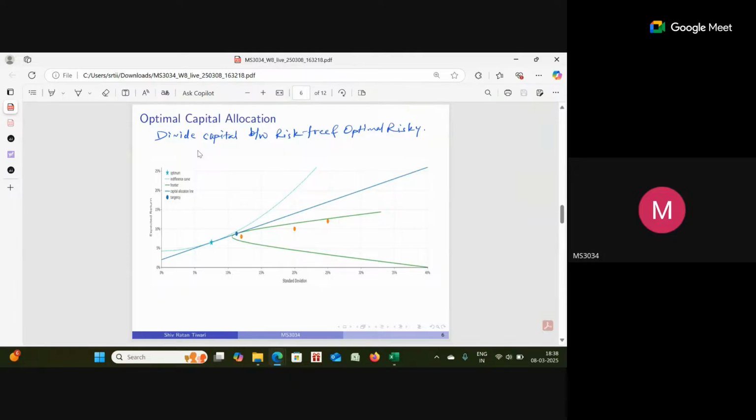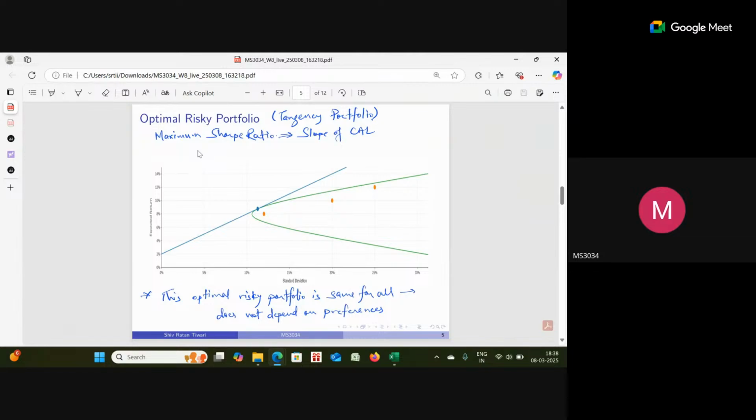Now, from all the risky assets, you can find this optimal risky portfolio, this blue dot. So in the market, all the shares which are there, every individual has access to all of them, correct? That's why in our first week's content we discuss two types of risk. One is systematic and another is idiosyncratic.